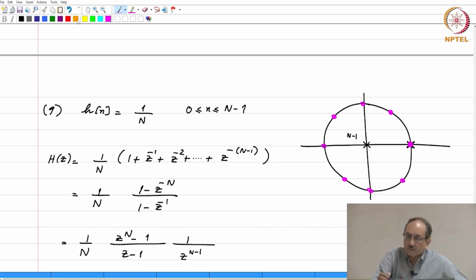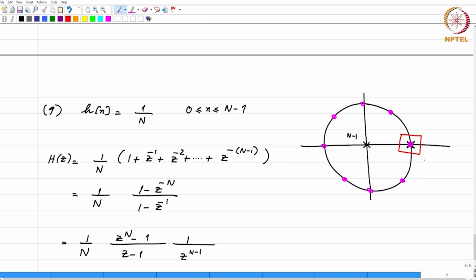And if you look at this point, you have a pole at z equal to 1. You also have a 0 at z equal to 1. Therefore, what is happening here is pole zero cancellation.